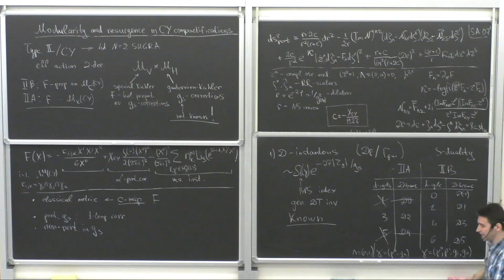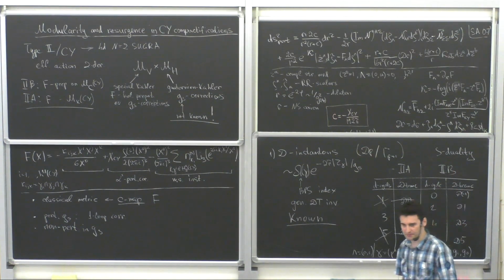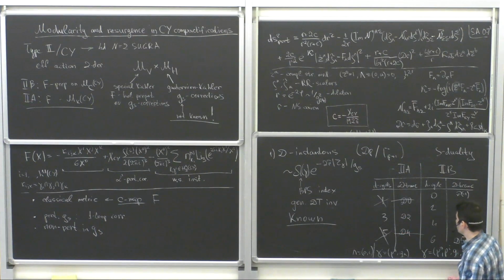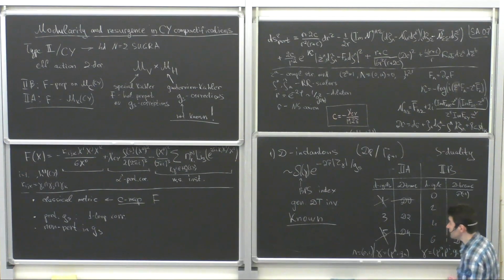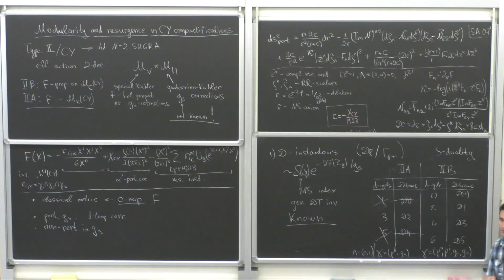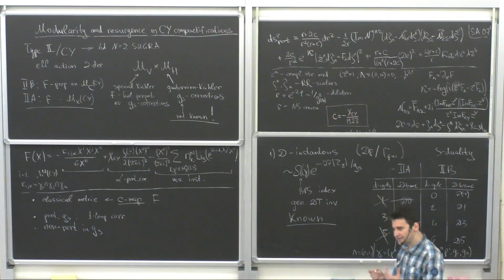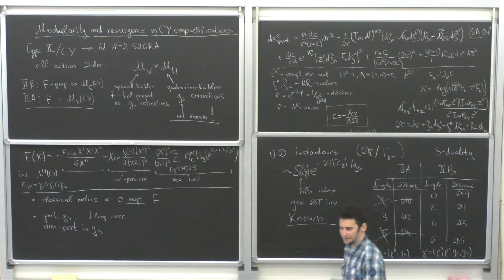And the natural fields in type 2B transform nicely under S-duality. And if you want to rewrite the metric in terms of these physical type 2B fields, you have to apply what is called the mirror map. So it's a kind of coordinate transformation from type 2A fields to type 2B ones. But this mirror map also gets all possible perturbative and non-perturbative corrections, and you have to find them.